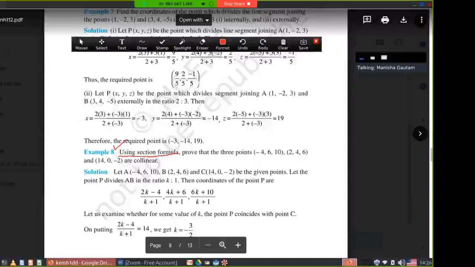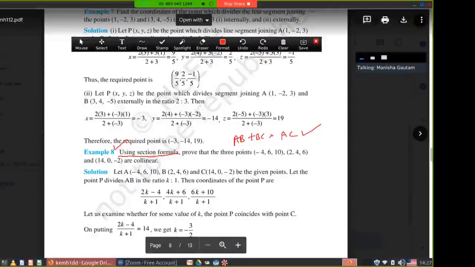In the previous exercise, when you proved that points are collinear, you used the distance formula: suppose A, B, C are collinear points, then AB plus BC is equal to AC. But here it is mentioned you have to use section formula. Then what to do to prove the points are collinear by using section formula?